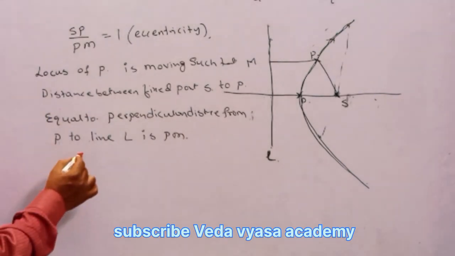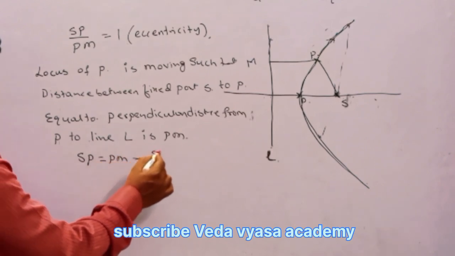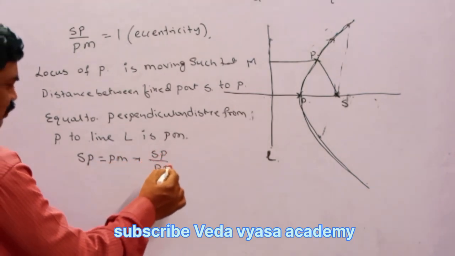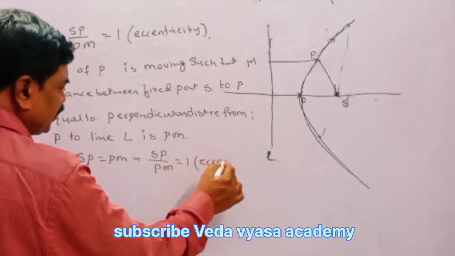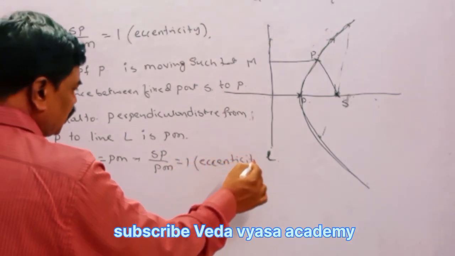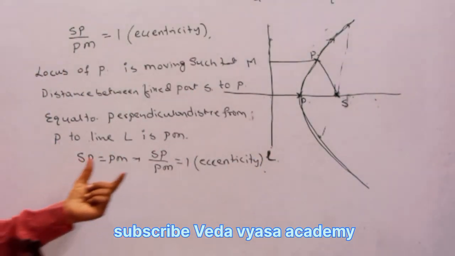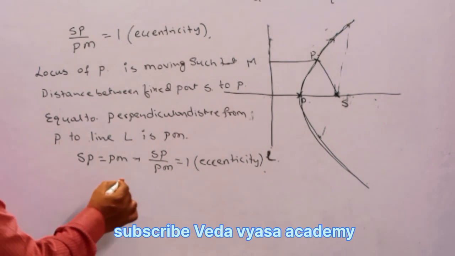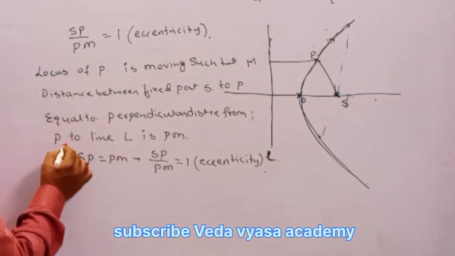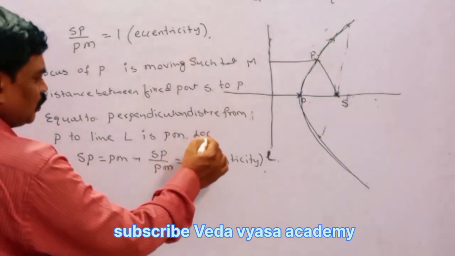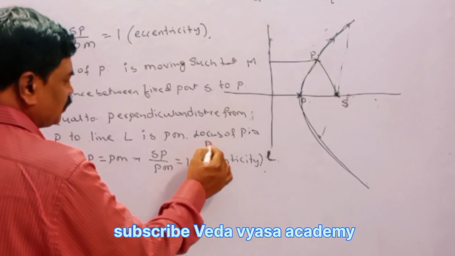So SP is equal to PM implies SP by PM is equal to 1. This is called the eccentricity for a parabola. Then the locus of P is a parabola.